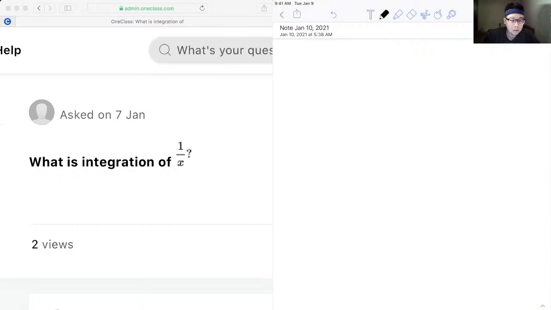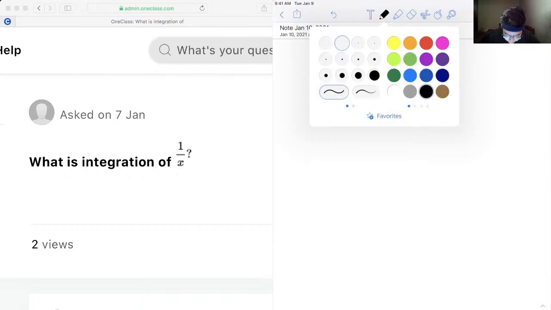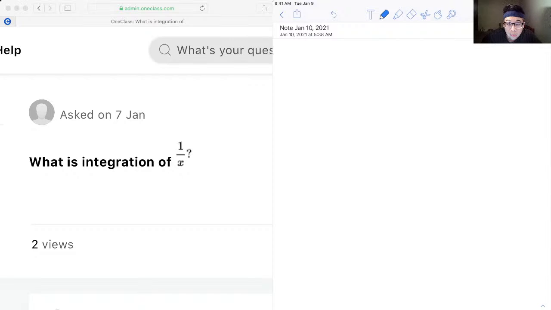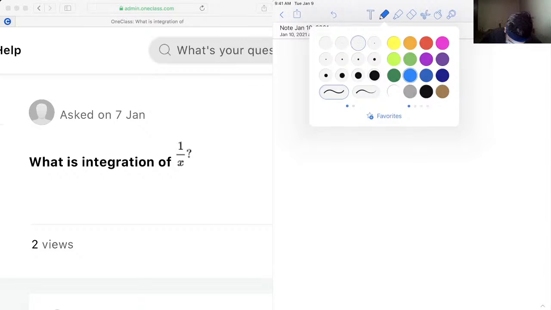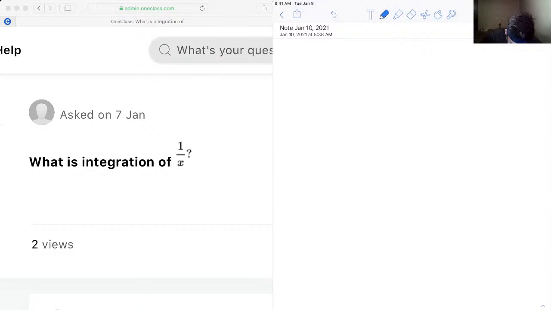Okay, so our first question today is asking us what is the integration of 1 over x?